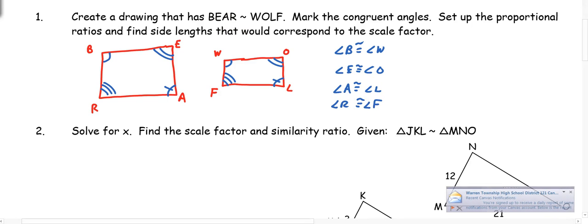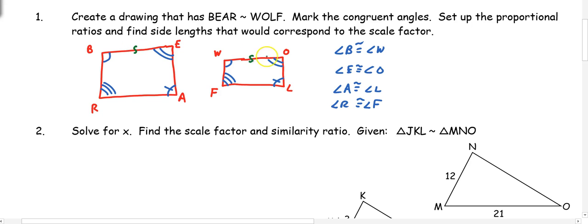Then we also need to find our corresponding sides that are proportional to each other. So they would have the same placement in their name as well. So BE is similar to WO, so we're going to set up a proportion BE over WO, which would have to be equal to the next two sides, so EA over OL.